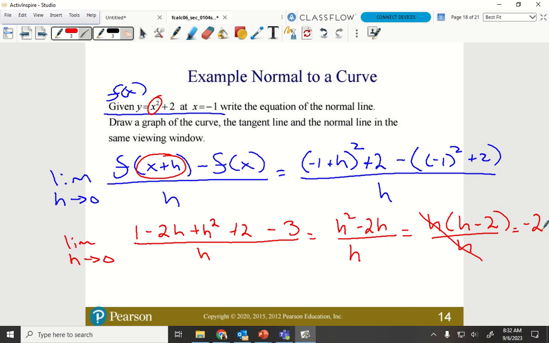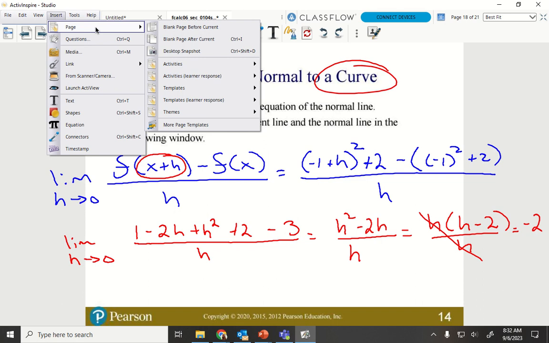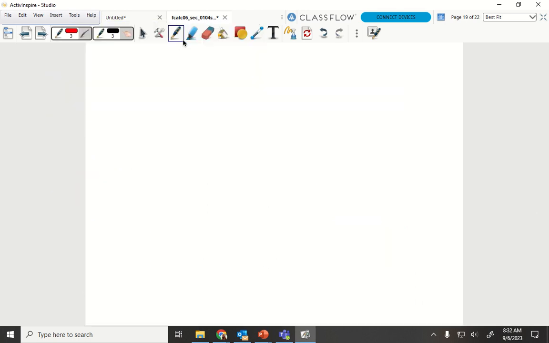The slope of my curve when x equals... okay, so you ready? So I'm going to go to a graph now. Just slow.